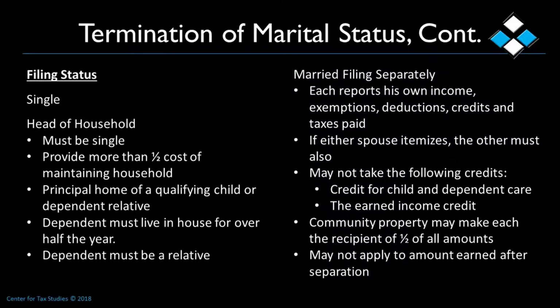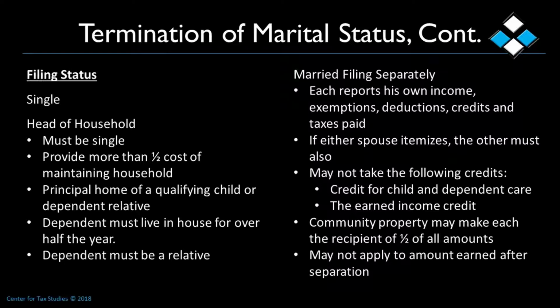So as a head of household individual, you must be single. You must provide more than 1/2 of the cost of maintaining the household, that you provide the principal home of a qualifying child or dependent relative, and that child must live in the house for over half the year.